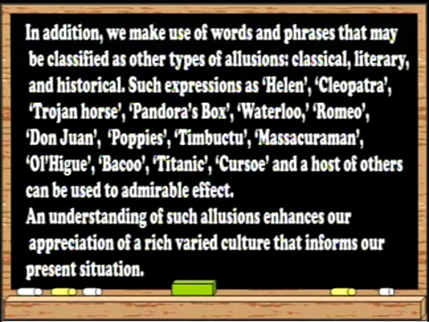Such expressions as Helen, Cleopatra, Trojan horse, Pandora's box, Waterloo, Romeo, Don Juan, Timbuktu, Titanic, Crusoe, and a host of others can be used to admirable effect. An understanding of such allusions enhances our appreciation of a rich, varied culture that informs our present situation.